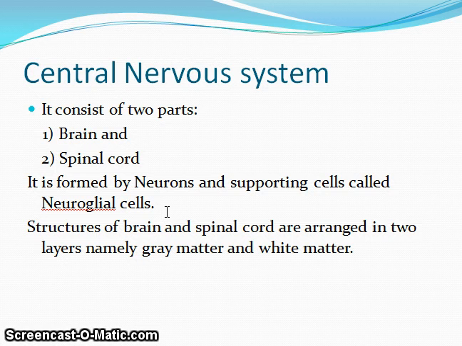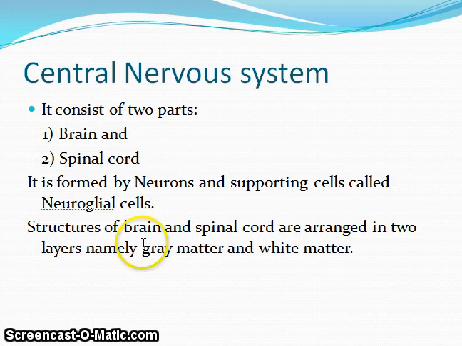Their main function is the conduction of impulses, while the neuroglial cells are non-conducting cells. They do not conduct any sort of impulses. They are non-neuronal cells. I have prepared a special lecture on neuroglial cells. If you would like to know more about the neuroglial cells, you can go and watch that video.